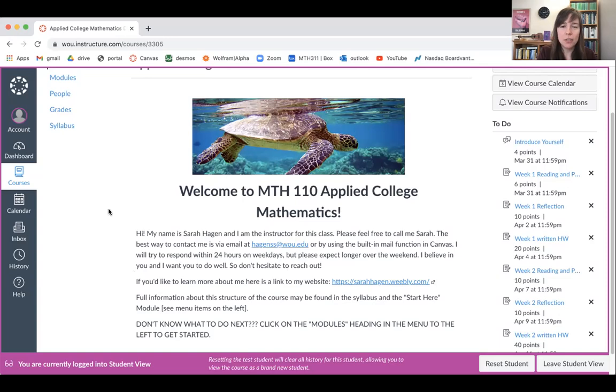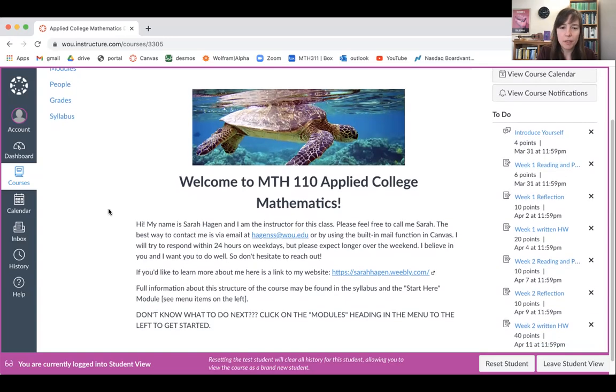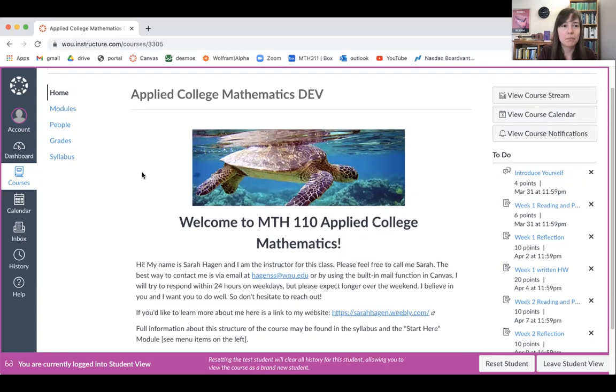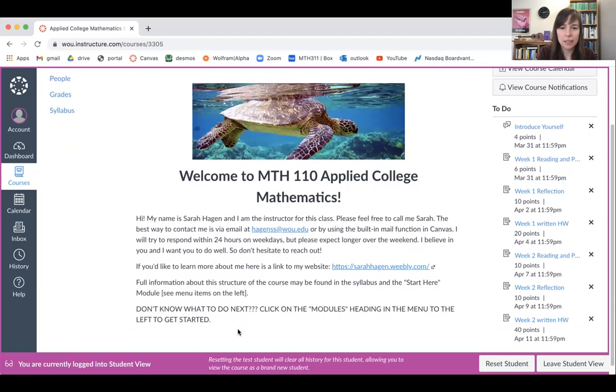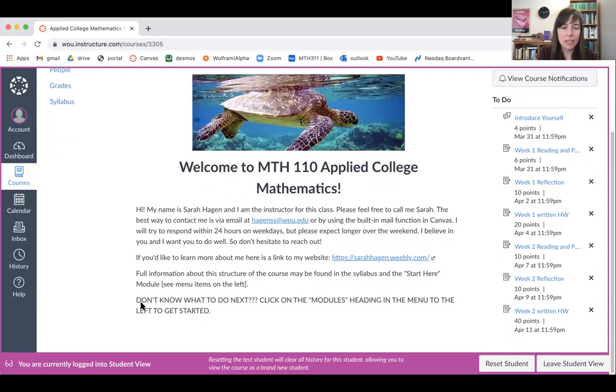But okay, this is just the landing page. I direct you to the syllabus, which is here, and this is all in capital letters right here because it's really important. You click on Canvas, you end up here, but if you're not sure what to do, go to the modules.